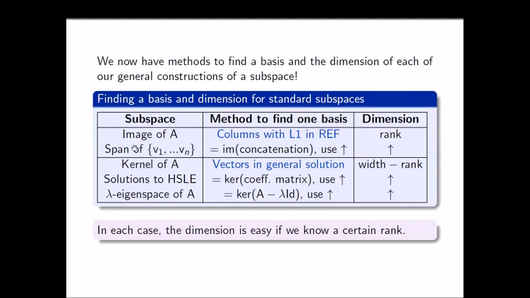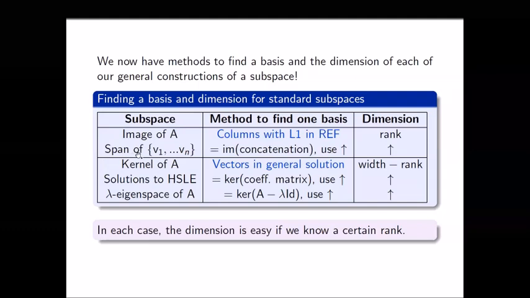And to find the dimension of this image subspace of A, we just look at the rank of the row echelon form. Similarly, if we have the span of n vectors, to find its basis, we just concatenate them, and then we're just finding the image of the concatenation, which is very similar to the first process.